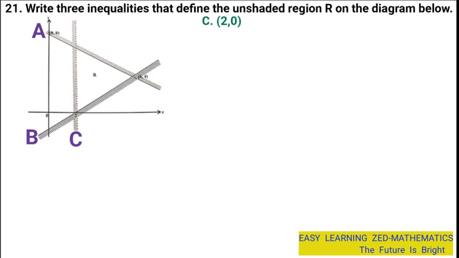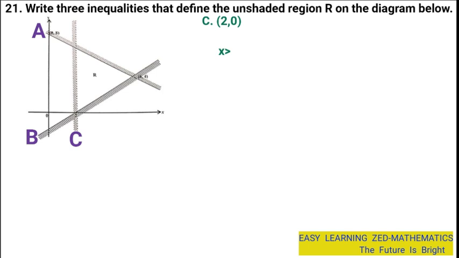So we're going to say x is greater than. Why are we saying greater than? Because it's shaded going to the right side. The lines there are dotted, they are not solid.